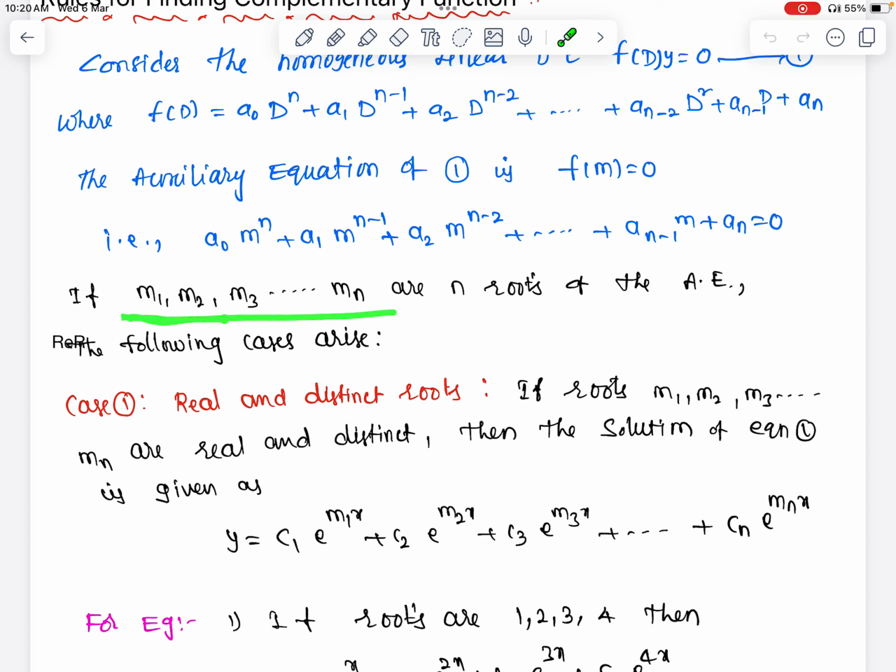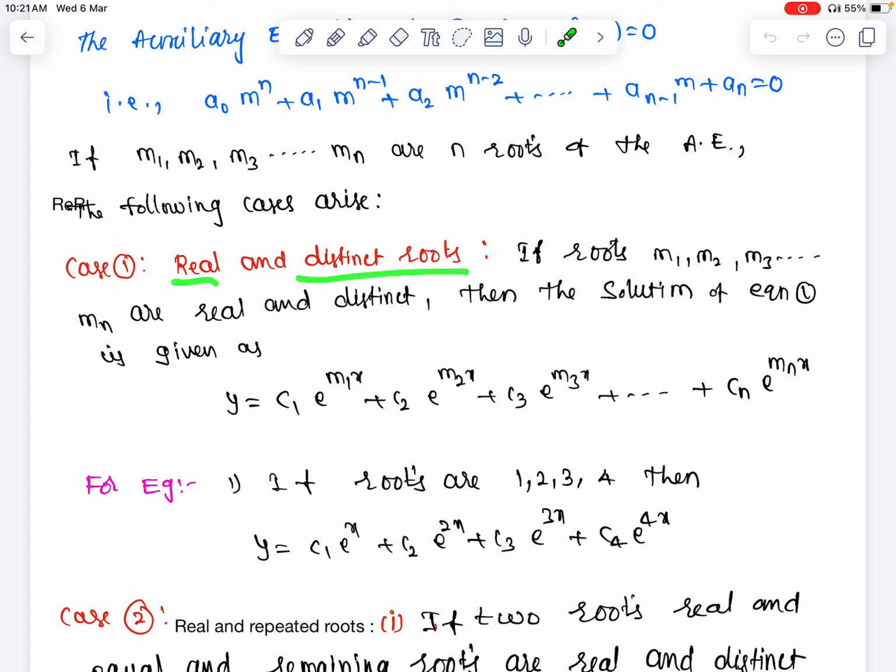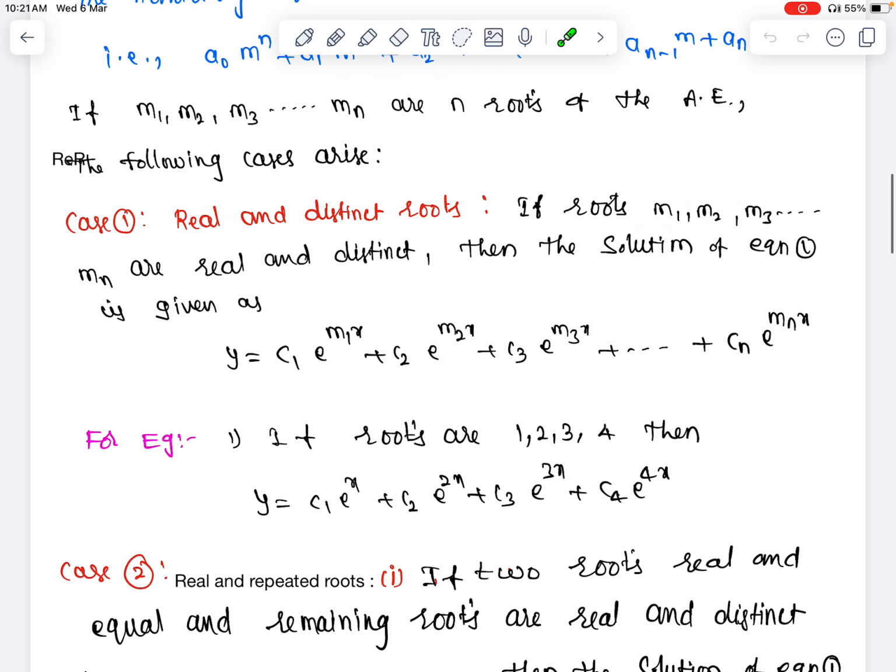Among these n roots, we may get different types. First I am taking the case where the roots are real and distinct, meaning all are different and real. Then what is the general solution?